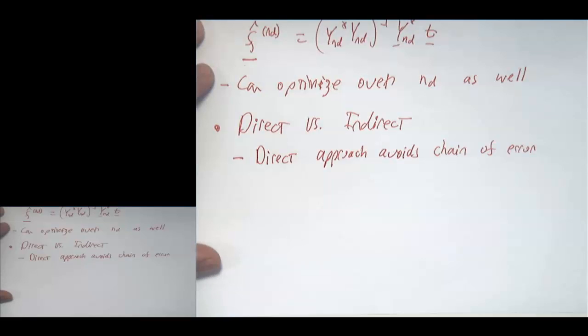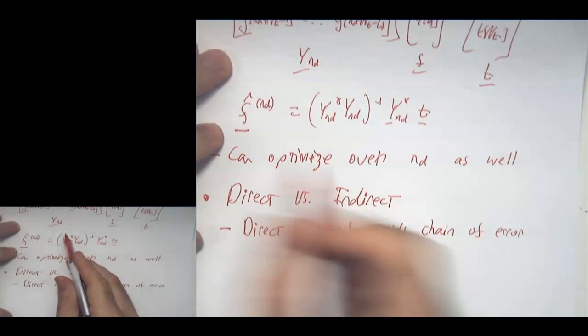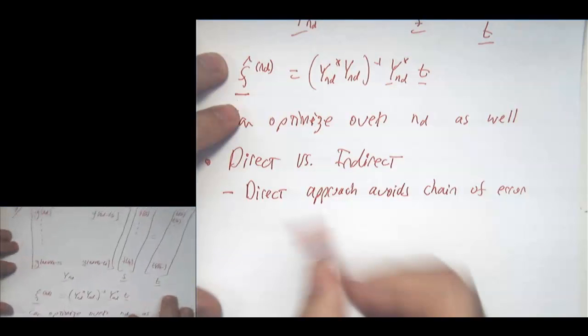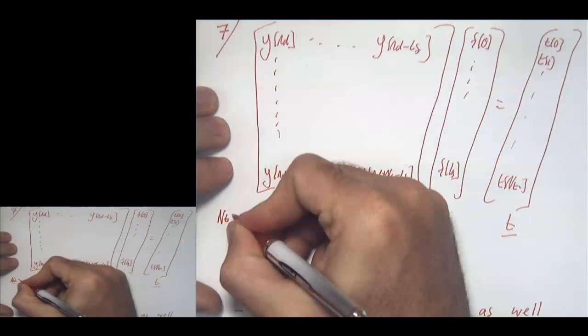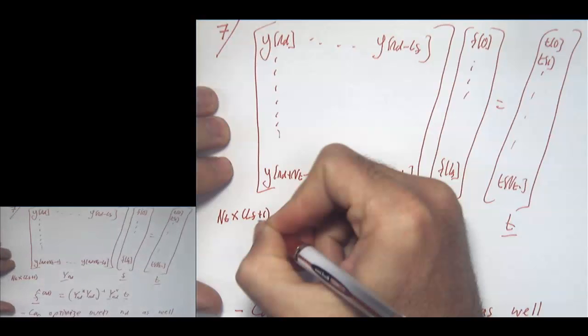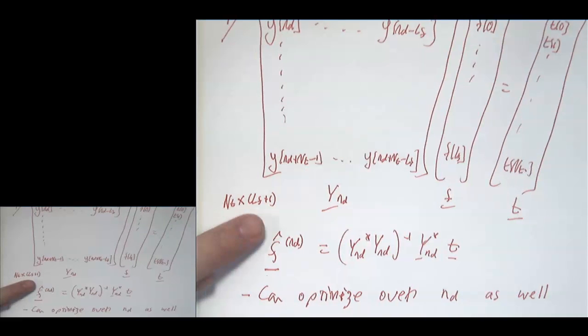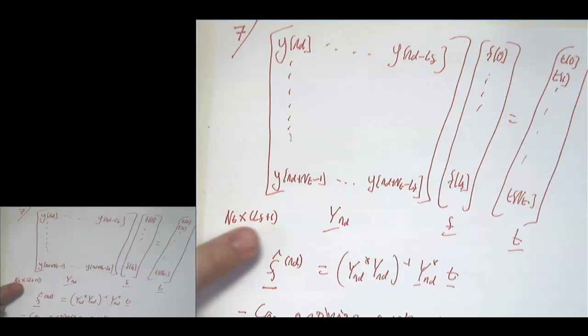a disadvantage of the direct method is, let's look at the dimensionality of this y here. The dimensionality of y is going to be nt by LF plus 1. To make this tall, LF has to be smaller than nt, right?